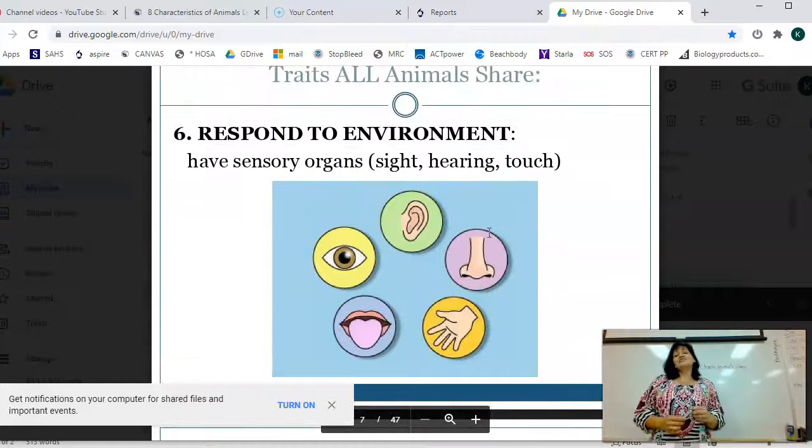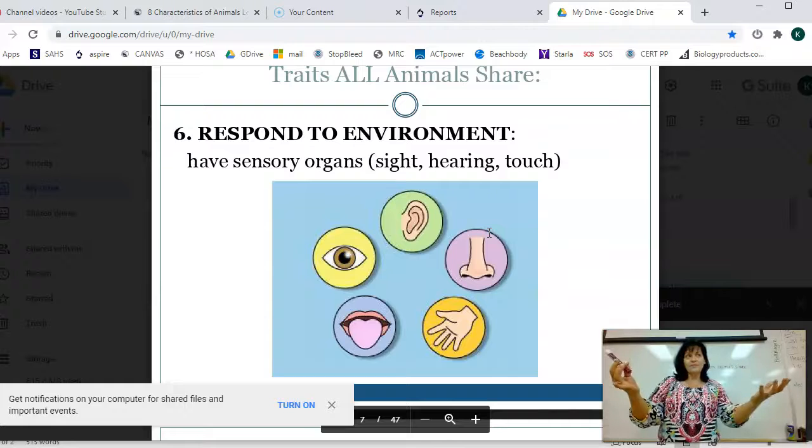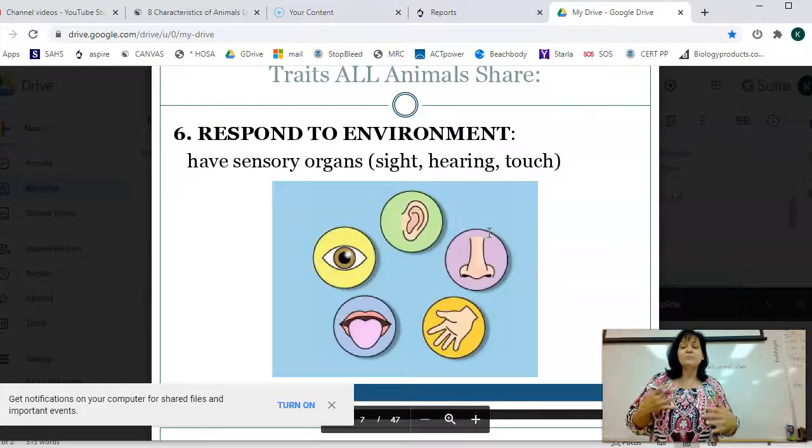Okay, this is an interesting one. The next one, how we kind of classify it, is called respond to environment. So all animals sometime throughout their life respond to other things around them. It could be the air, the temperature, another animal, all these different things.